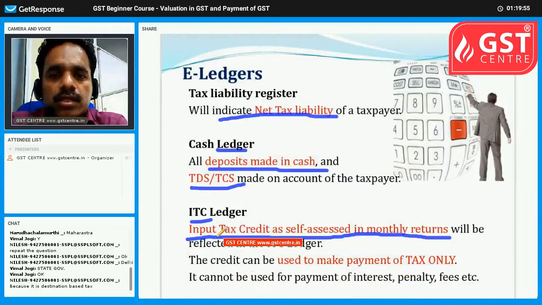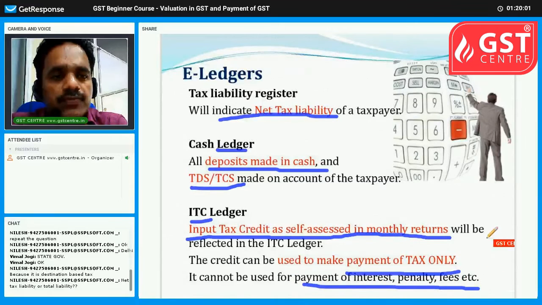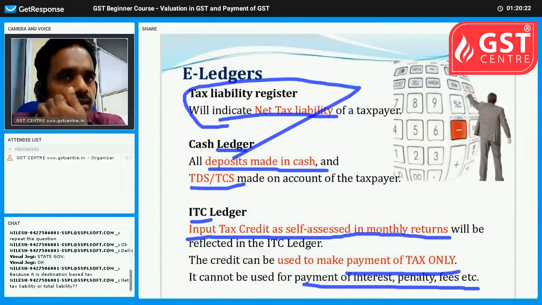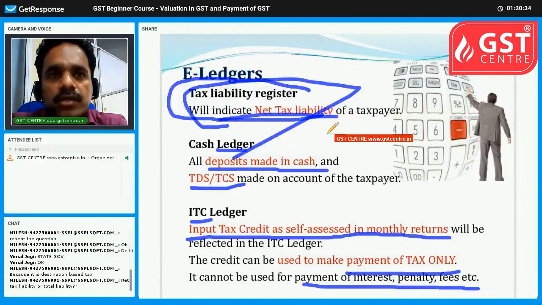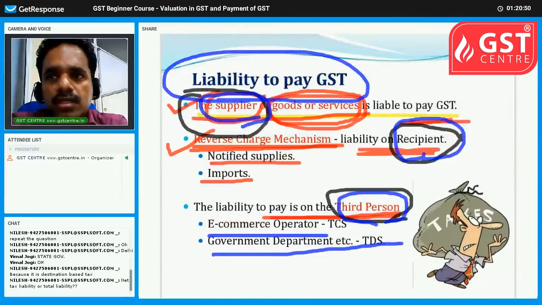This input tax credit can be used only for tax payment and not for payment of interest, penalties, fees, etc. The ledger may also show any amount pending as a previous balance. At the end of the month he can set off the tax liability with the balance, and he can pay the rest in cash.